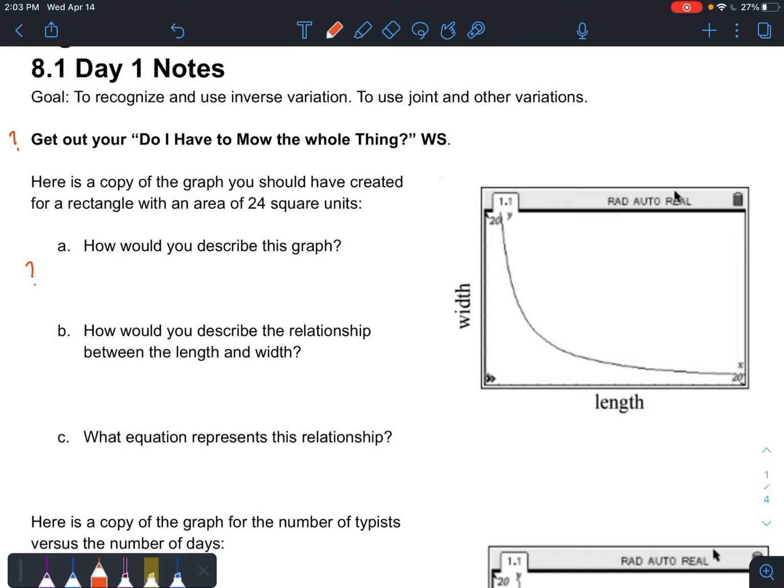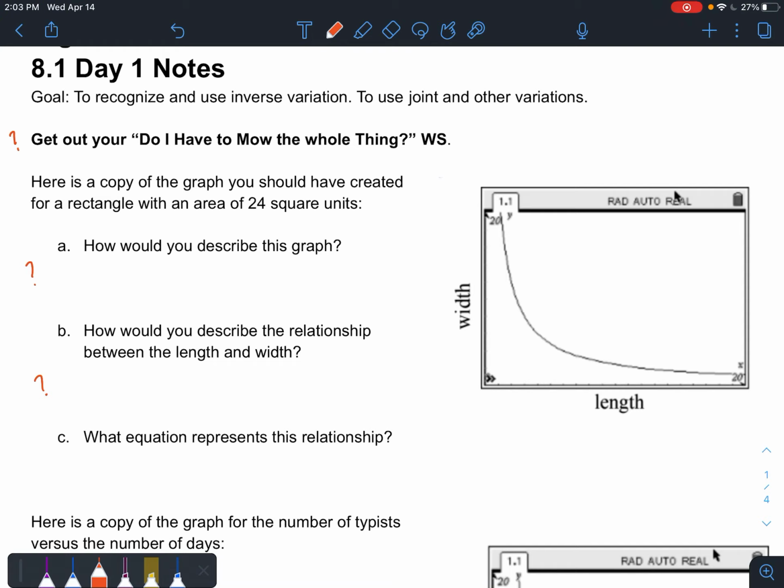Then how would you describe the relationship between length and width? For A, you could have put a lot of things. You could have said it's decreasing, or y is decreasing as x is increasing.